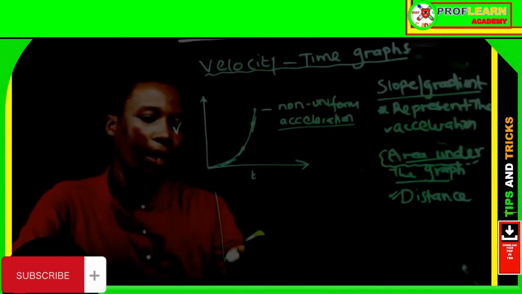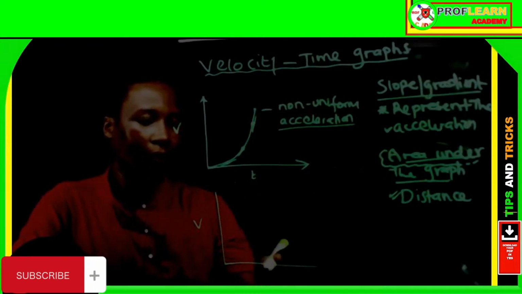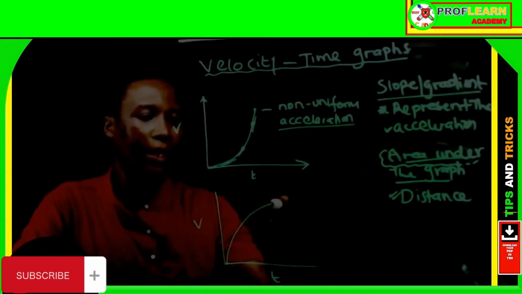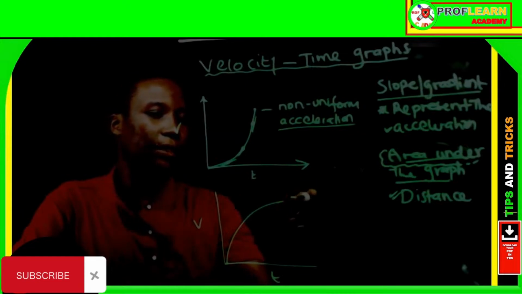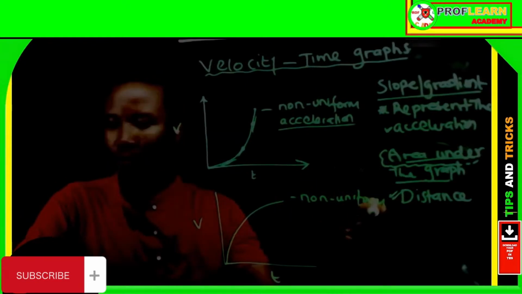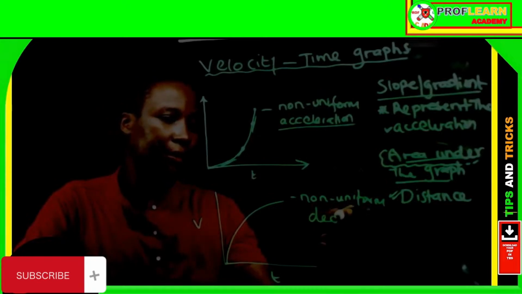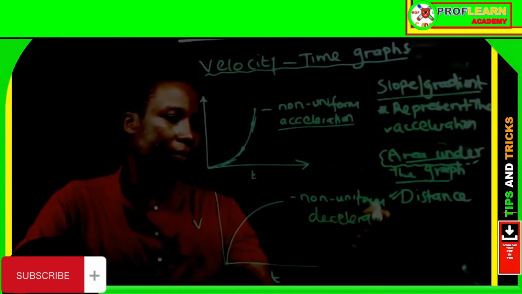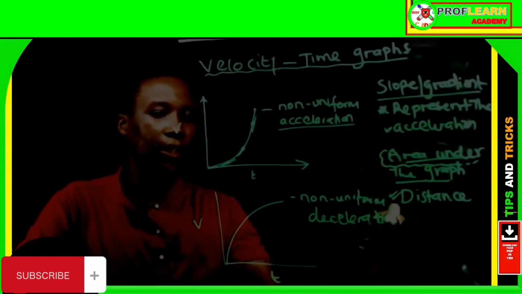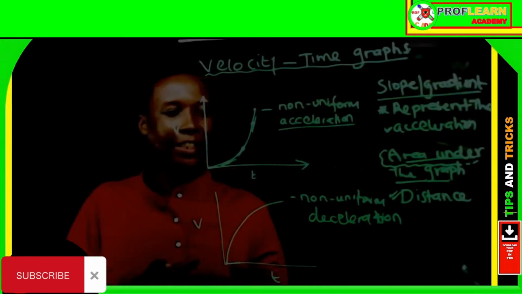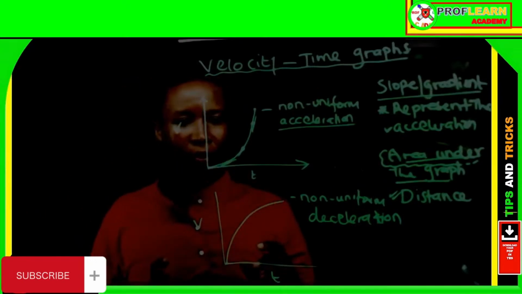But if you are having a velocity time graph whereby it's like that, it means that this is non-uniform deceleration. This means this object is having a non-uniform deceleration.